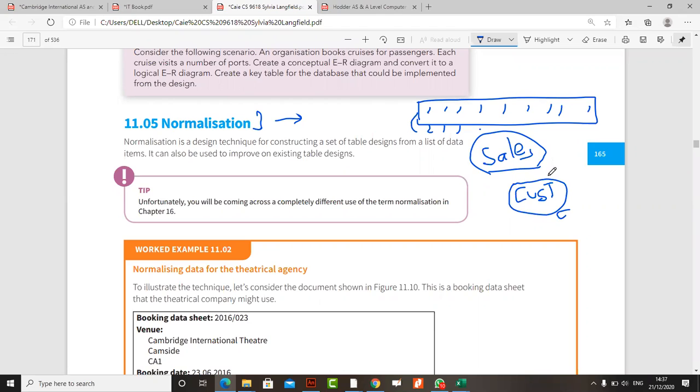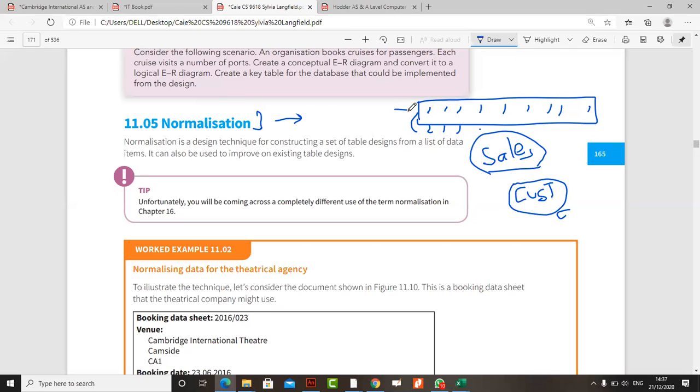So this entire discussion of normalization is based on how we can create a relational database, what the advantages are, and how we can get rid of redundant data. Redundant means data that is being repeated and is of no use.